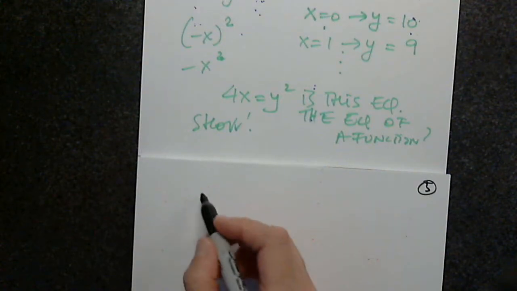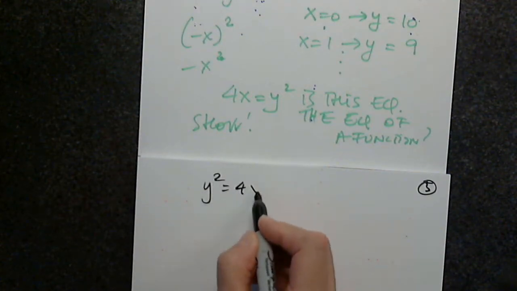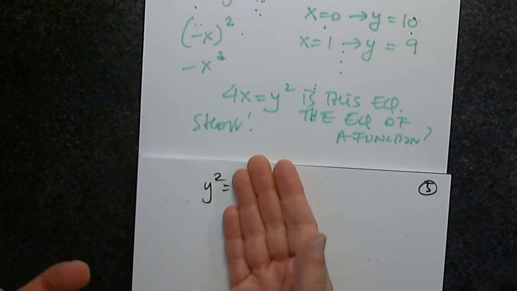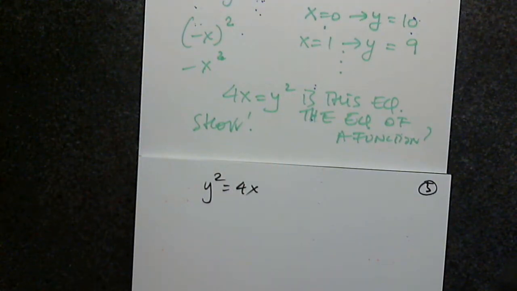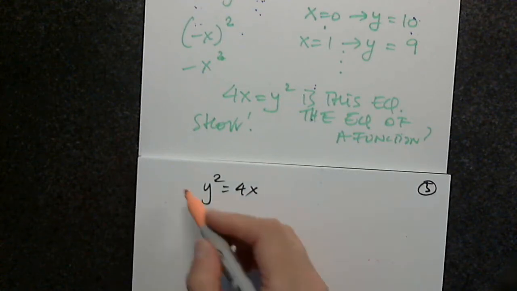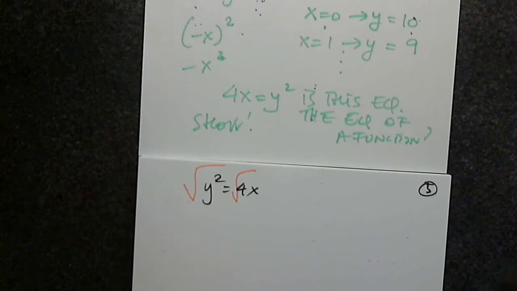So, solving for y means y squared equals 4x. How do we solve this equation? First of all, what type of equation is it? Well, it has two variables in it, right? But I know that once I'm solving for y, it's quadratic in y. Good. So how many solutions do I have to get? How do I solve it? Awesome. Take the square root. So then y equals the square root of 4x.